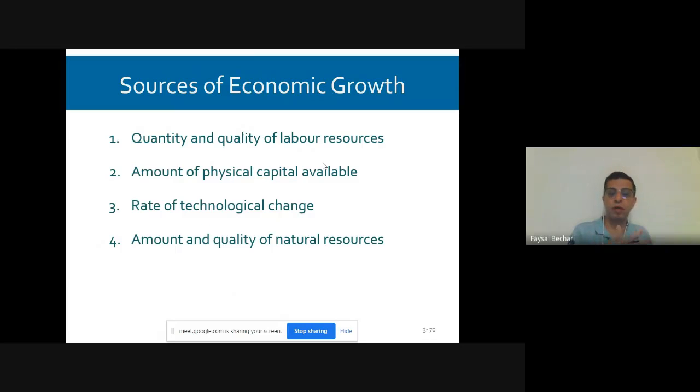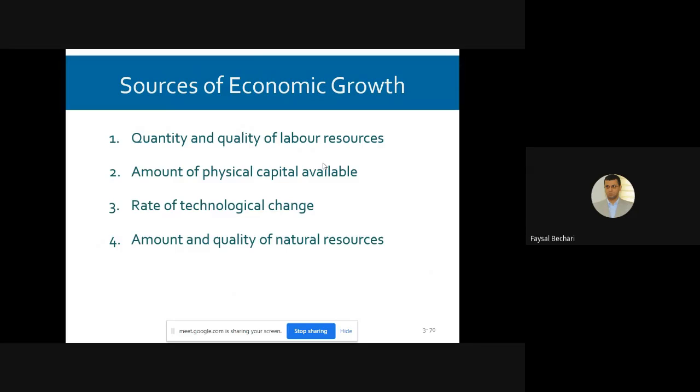So if you find oil or gas, there is a jump, as we see in Saskatchewan, for example. They found lots of oil, and there is a huge growth happening in Saskatchewan. Before that, it wasn't.